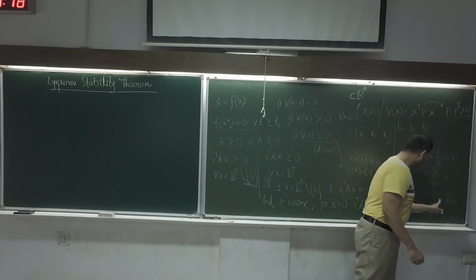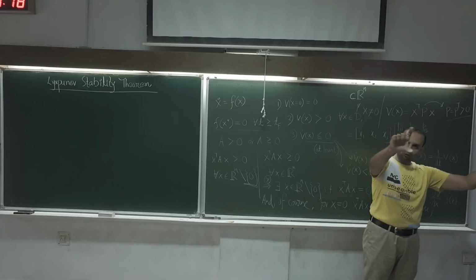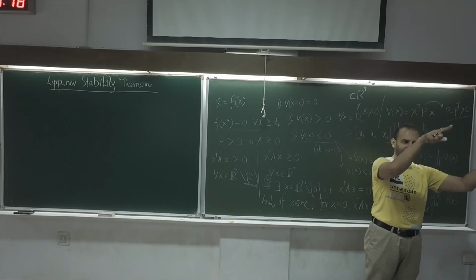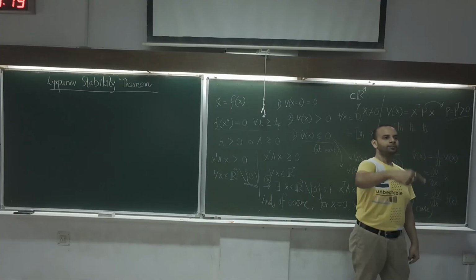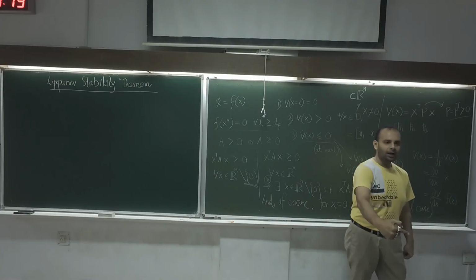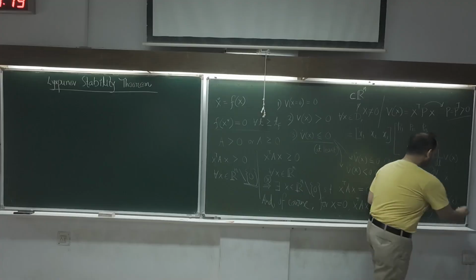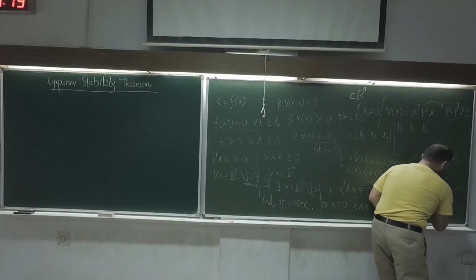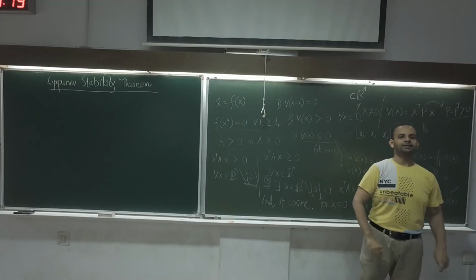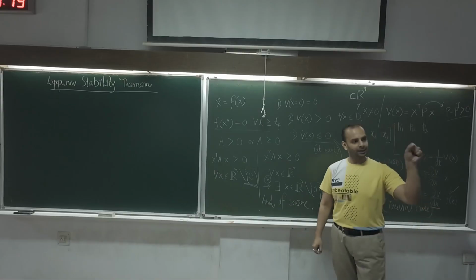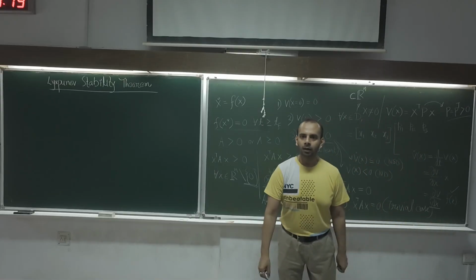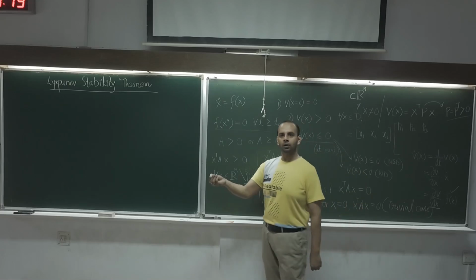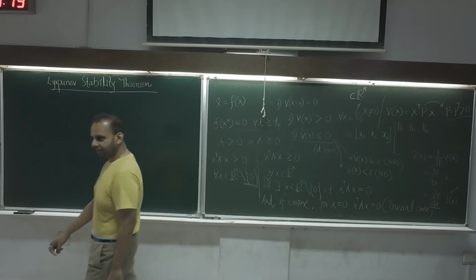Please note that del V del x you have to write in a row vector format, del V del x1, del V del x2, like that, and this f of x would be in terms of x1 dot, x2 dot, up to x7, right? So this one is a column vector, this one is a row vector, ultimately it is like an inner product, so lastly we will get a scalar product, because both V of x and V dot, they are scalar functions only, right?